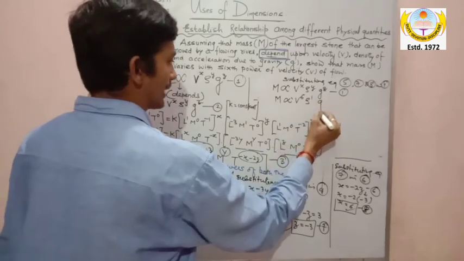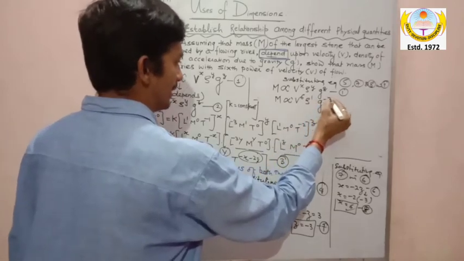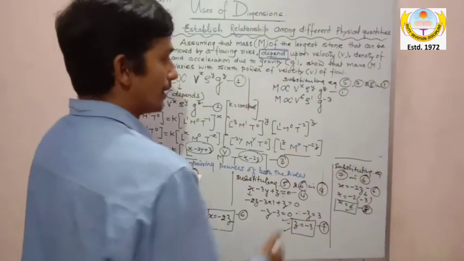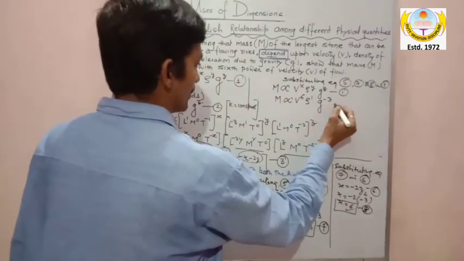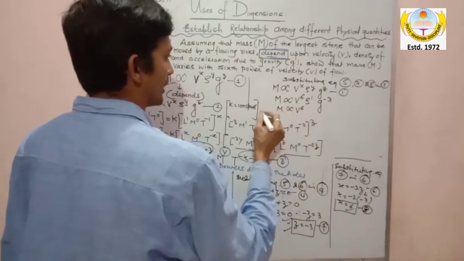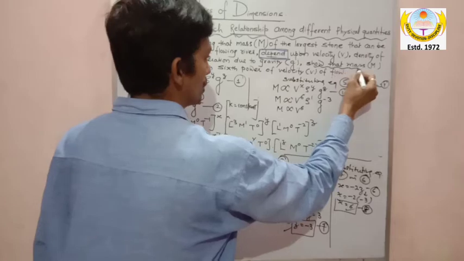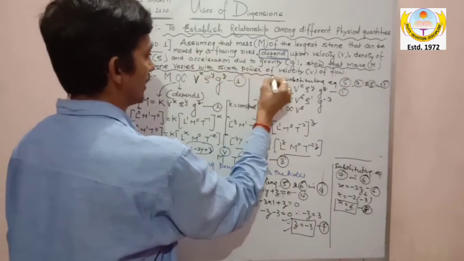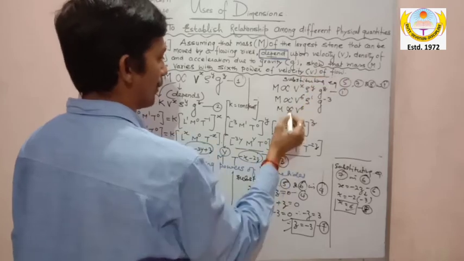And g power z, that is minus 3. Okay, now this can be written as m directly proportional to v power 6. Oh God, I proved it. Show that mass of a stone varies with the 6th power of velocity.